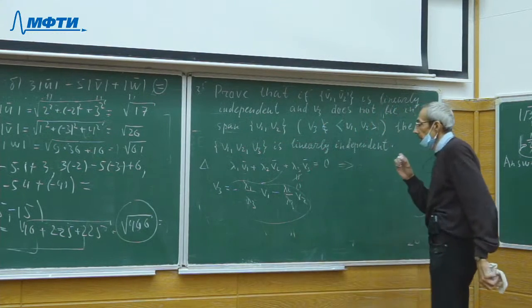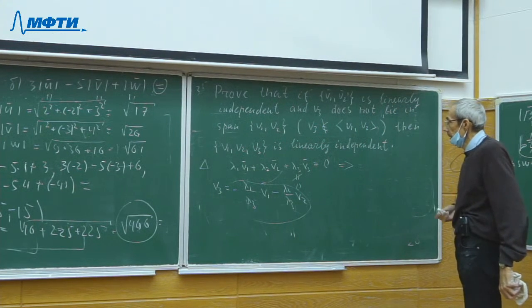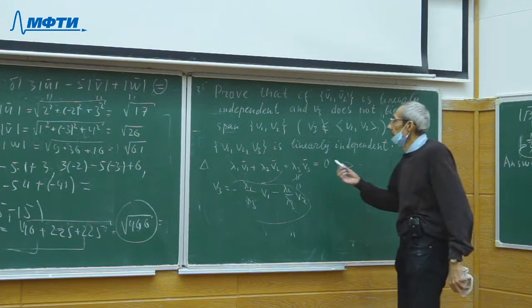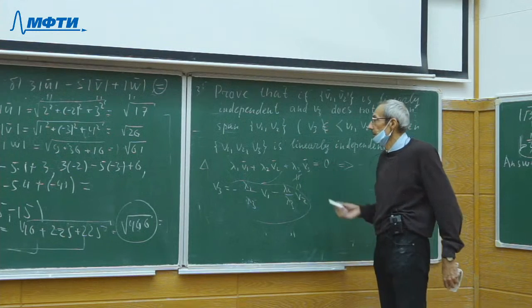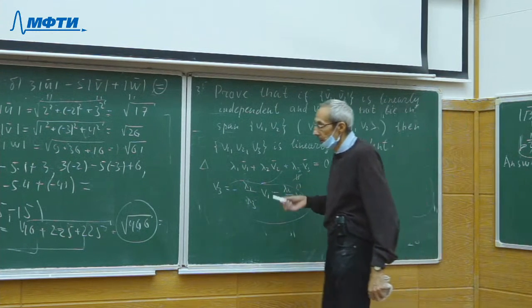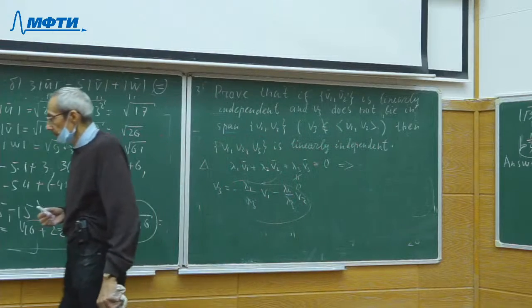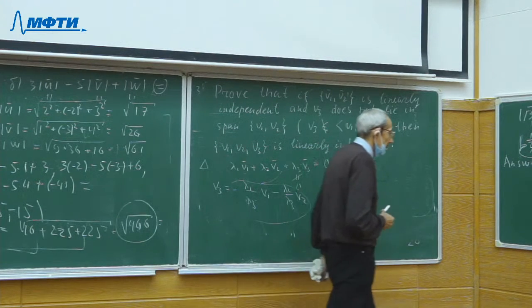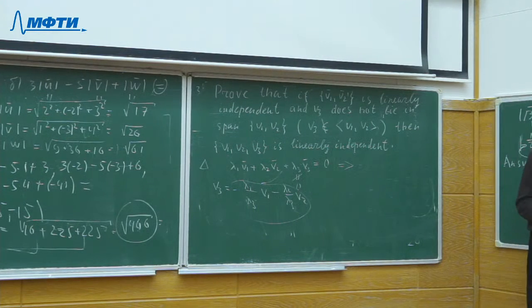and this means that vector v3 lies in the span of vectors v1 and v2. The span is the set of all linear combinations of these vectors, and we get a contradiction.